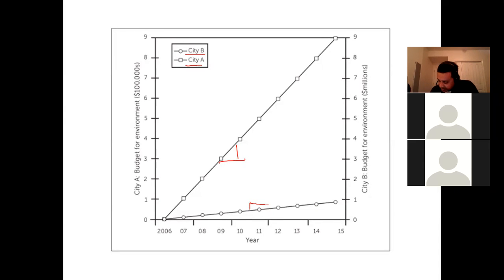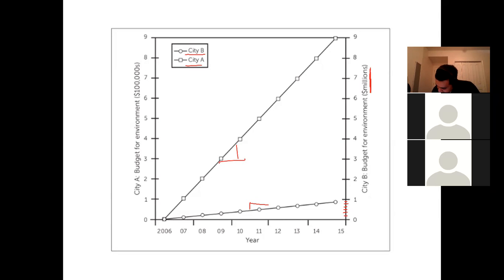But when you start looking at the scale, look at the scale for city B, it's in the millions. So this small increase, because of their scale, let's split this little thing into 10. Let's assume that's 10. I could only draw 6 ticks. My dexterity is not that fantastic.